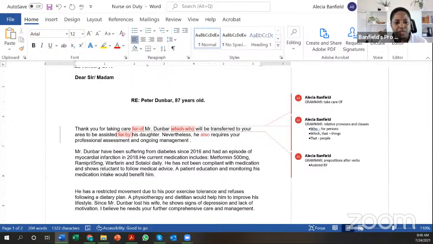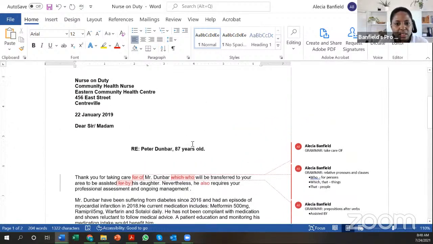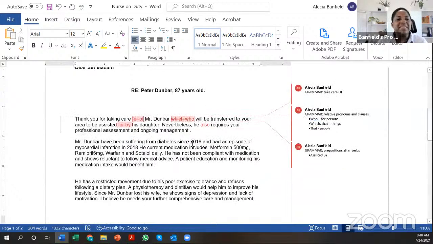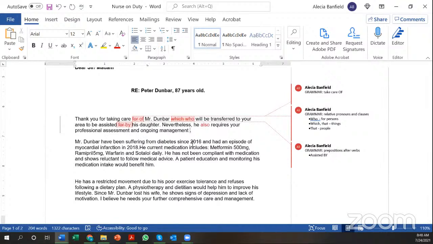Because you want your reader, who is the nurse, to immediately understand what his main issues are. And what are his main issues? His non-compliance with medication.